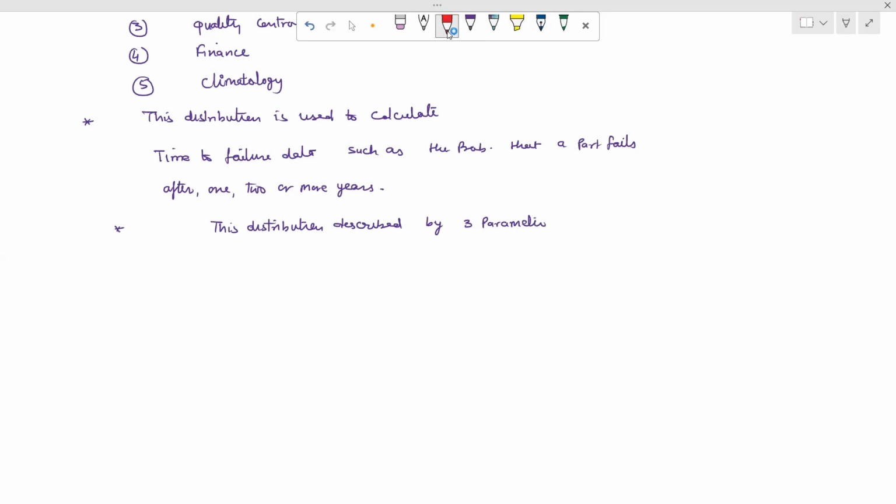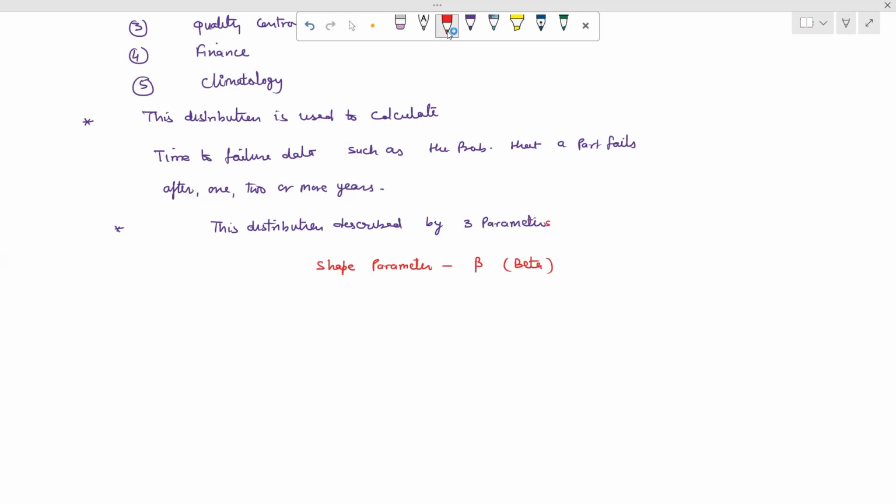We use a gamma distribution, we use two parameters. Here we use three parameters. The first parameter is the shape parameter, denoted by beta.